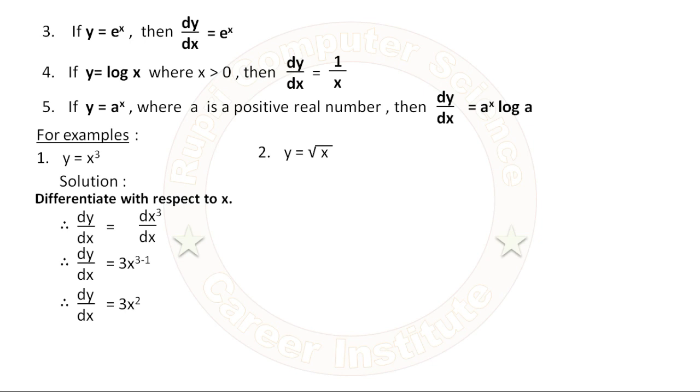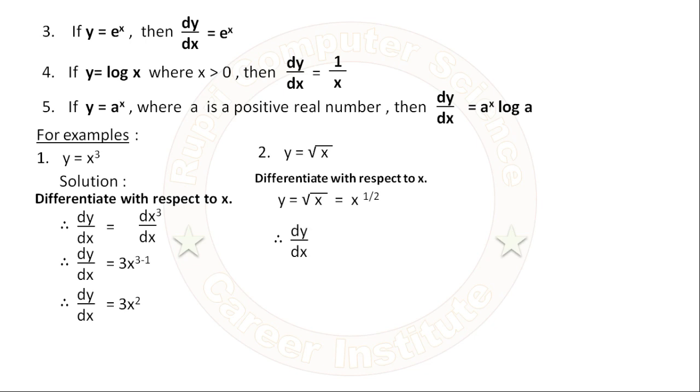Now solving the example, first we write the statement, differentiate with respect to x. y is equal to root x, which is x raised to 1/2. Therefore dy/dx is equal to d/dx of x raised to 1/2. Therefore dy/dx is equal to 1/2 x raised to 1/2 minus 1. Same, we apply our first rule.